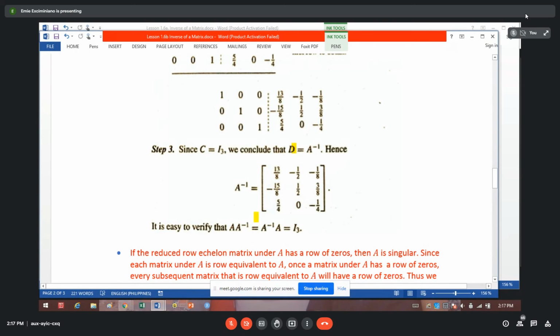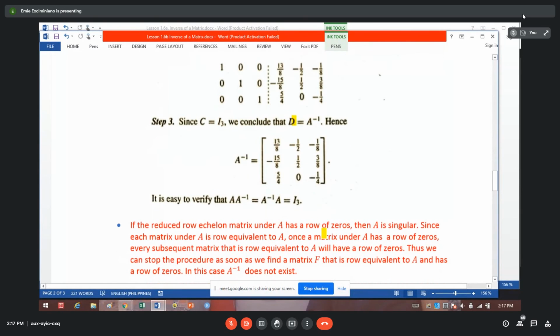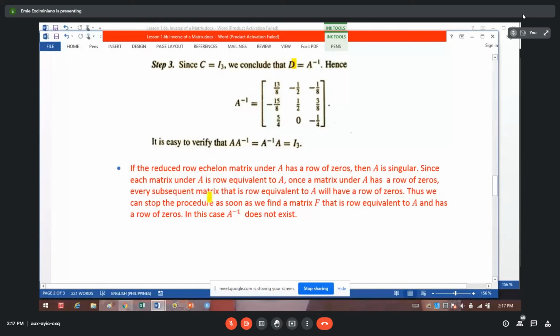So, to verify whether you're able to get the correct inverse, multiply nyo lang yung nakuha nyong inverse doon sa A. Dapat ang product niya, identity matrix. Okay?